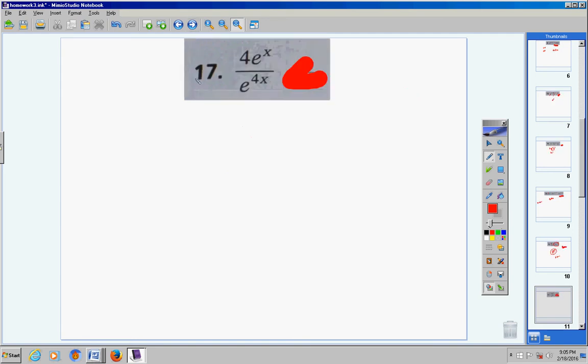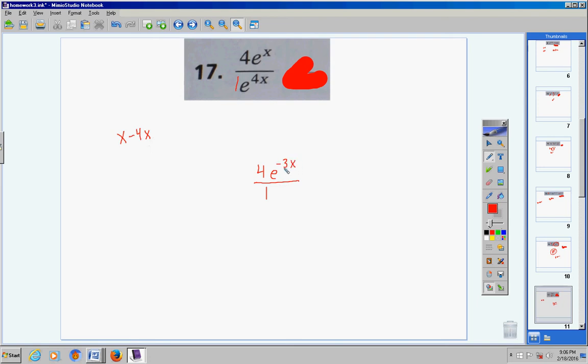Number 17. Dividing like bases, write the like base up top, and then subtract your exponents. X minus 4x is negative 3x.